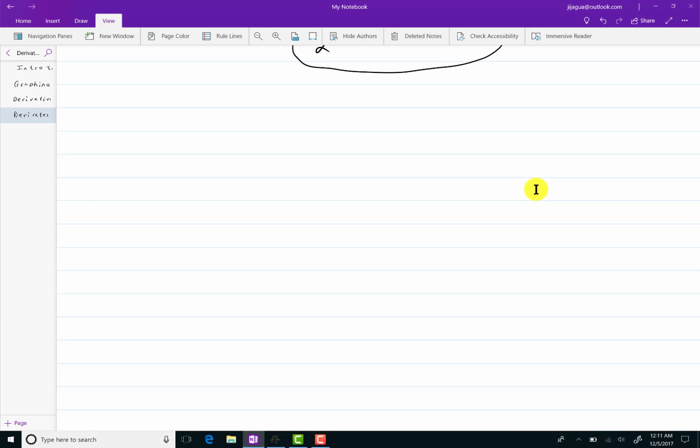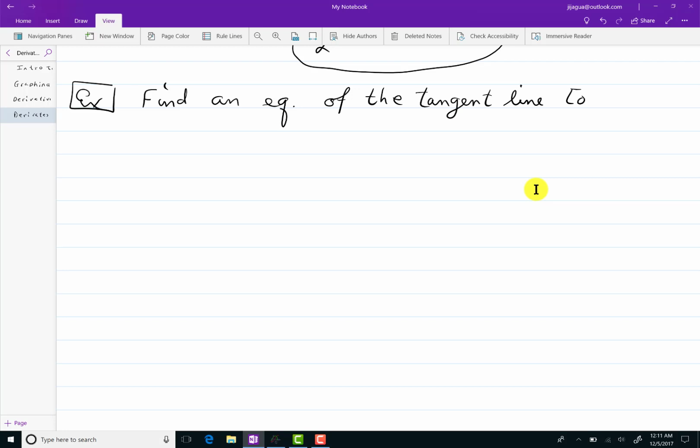And then one last example. Let me pull up my note here. We want to find an equation of the tangent line to y equals cosecant of x at x equals pi over 4.